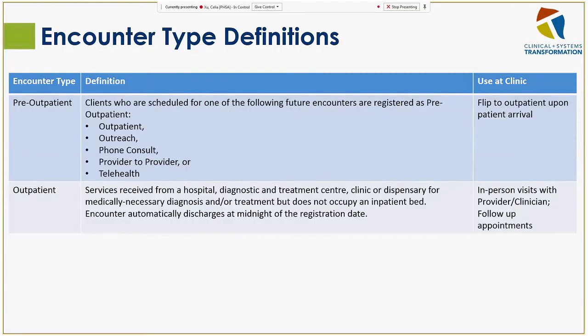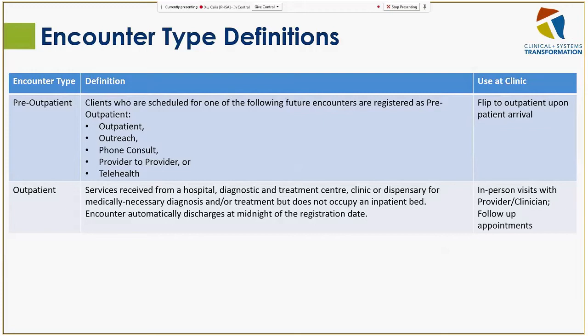So next two are pre-outpatient and outpatient. Like I said, it's similar to recurring. They are both in the outpatient encounter class. But outpatient is more of a one-time patient visit to the health organization that does not require an inpatient bed. And that outpatient will be automatically discharged in the middle of the night.